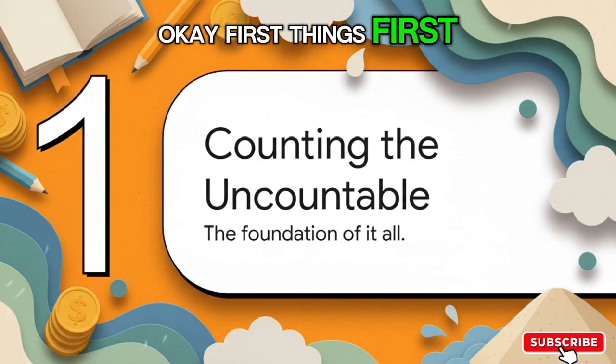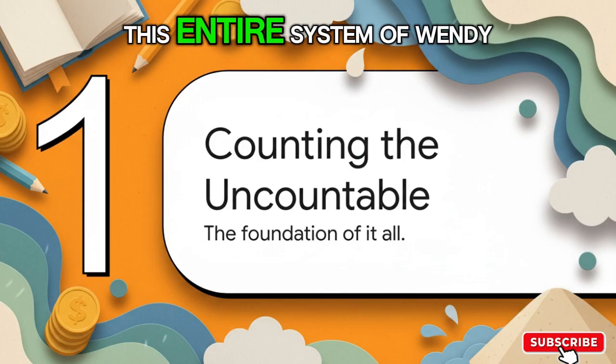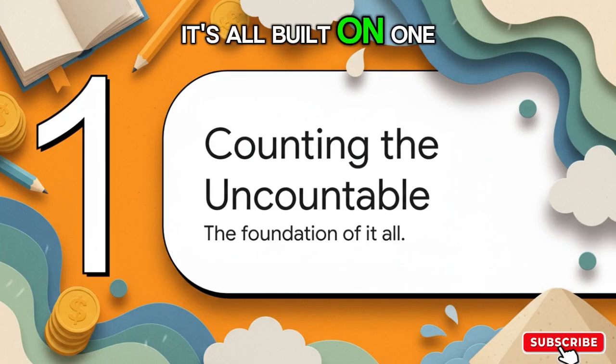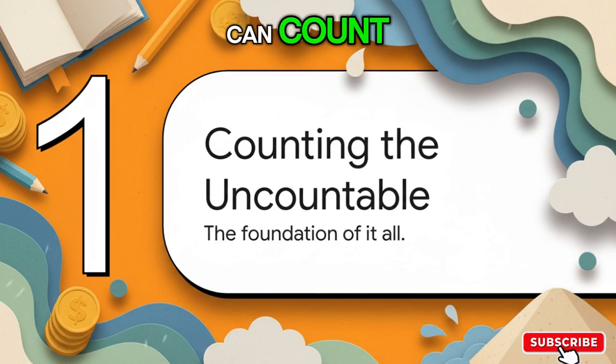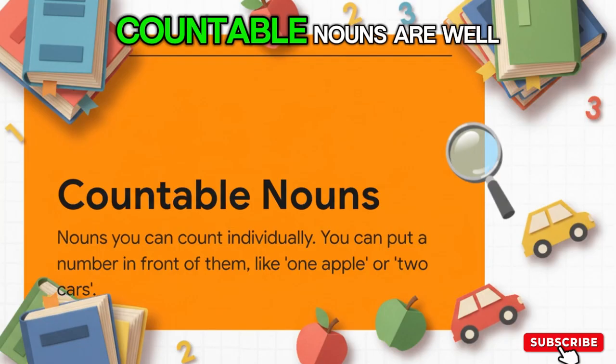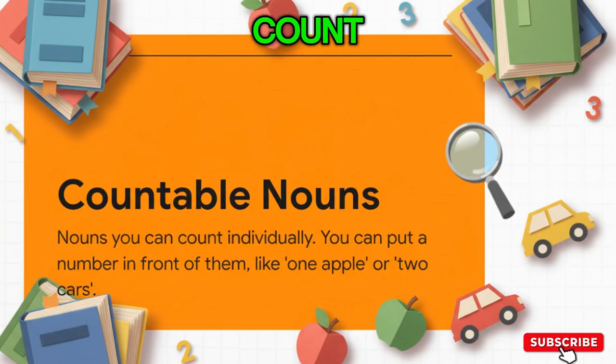Okay, first things first. This entire system of when to use which word, it's all built on one really simple idea. The difference between things we can count and things we can't. Countable nouns are, well, exactly what they sound like. They're things you can actually count.